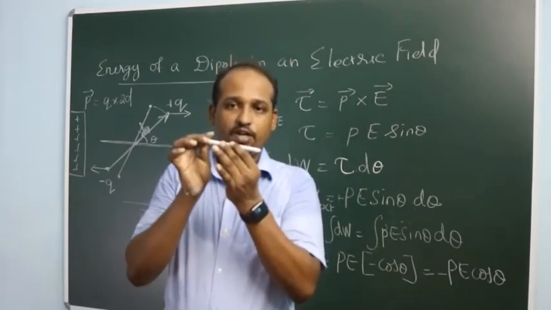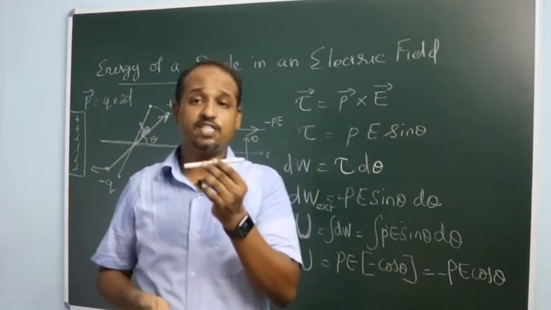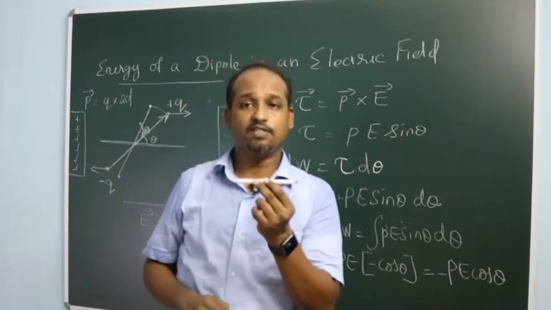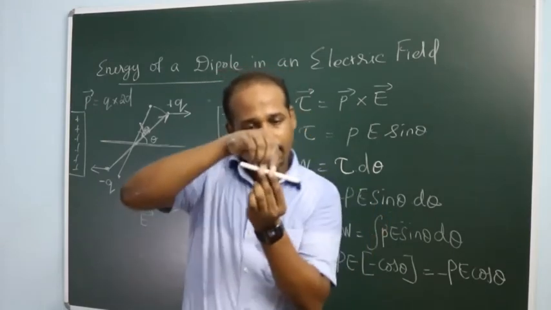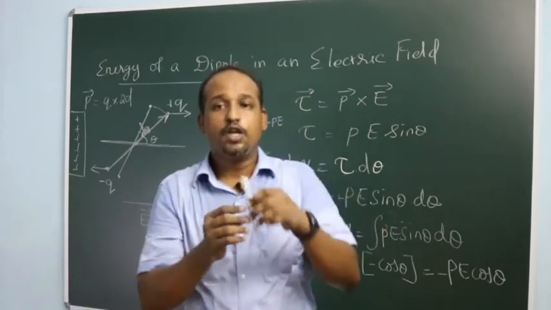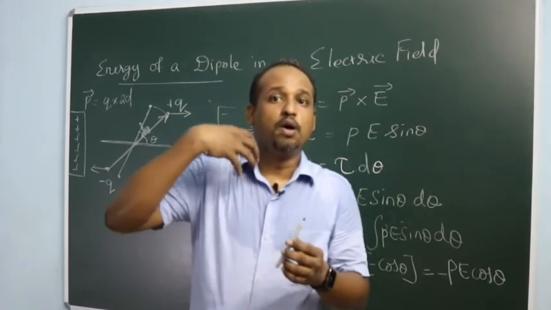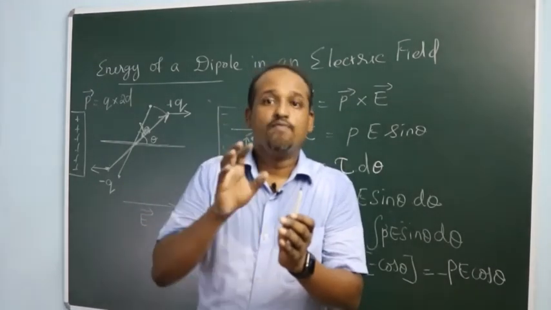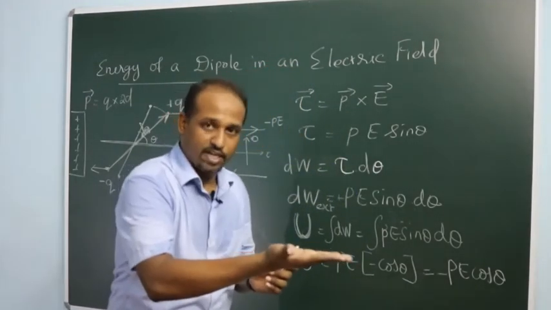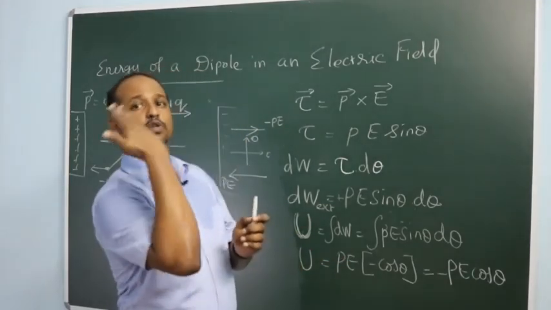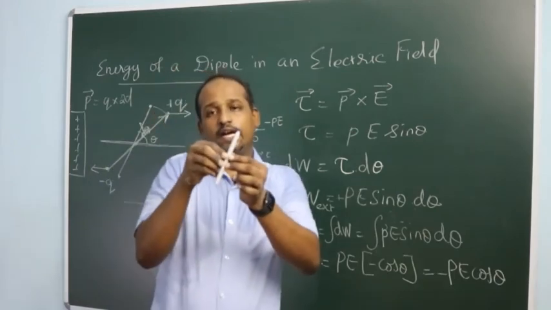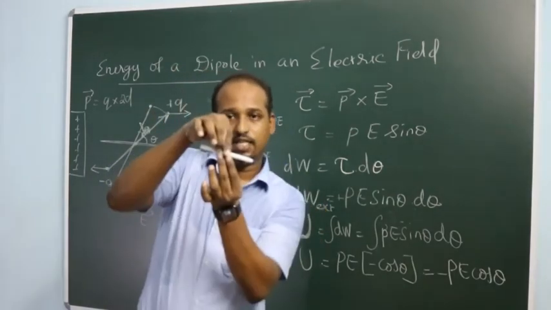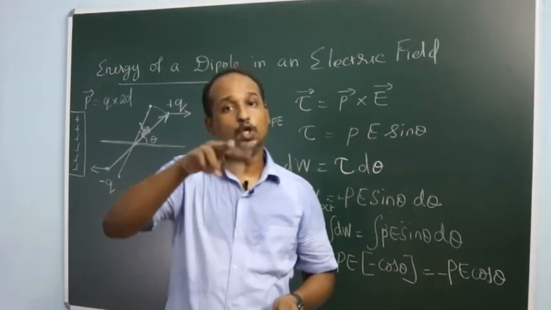Then going further, it loses even more energy PE, so its energy becomes minus PE. So the energy difference between this orientation and that orientation of the dipole is 2PE.